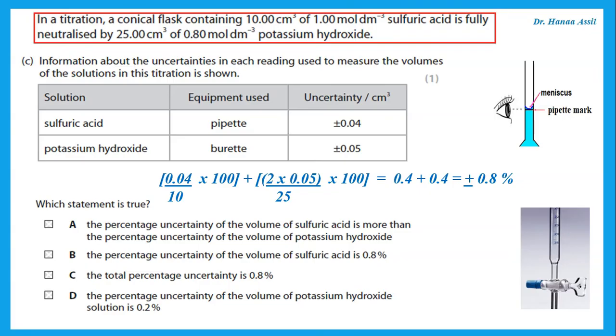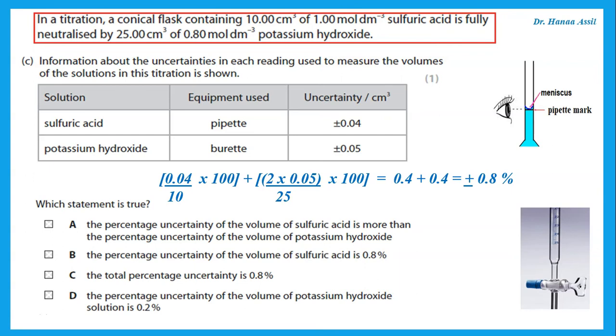But when we're looking at the uncertainty in the use of a burette for potassium hydroxide, we read the burette twice, so the uncertainty is twice, 2 times 0.05 over the reading that we took times 100. So the total uncertainty here is 0.8%.